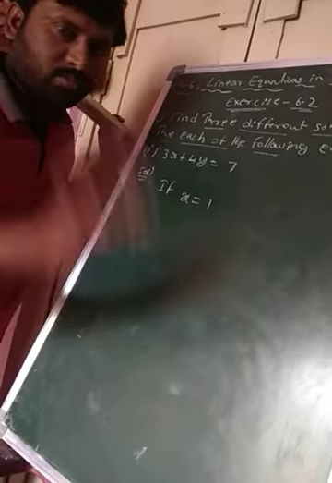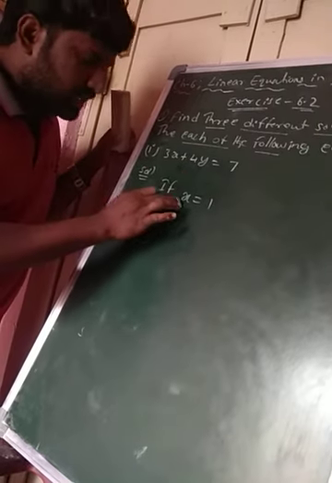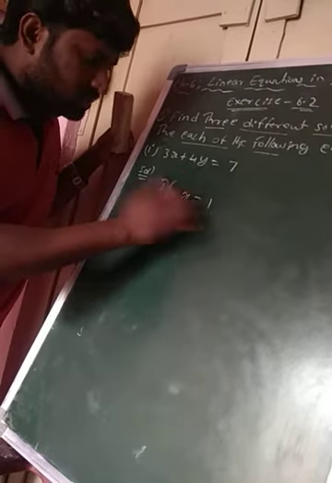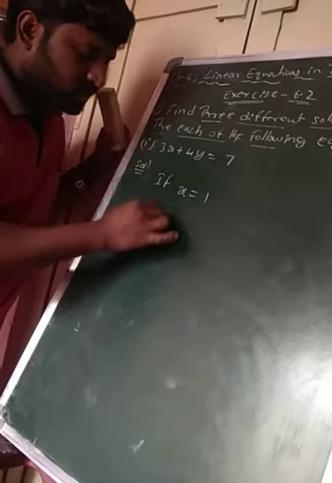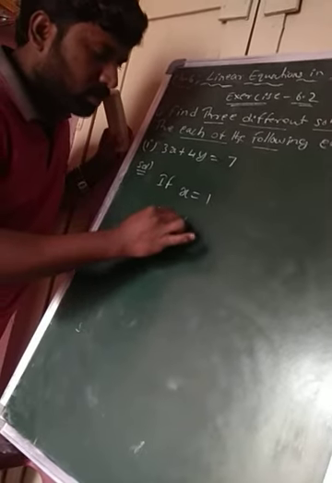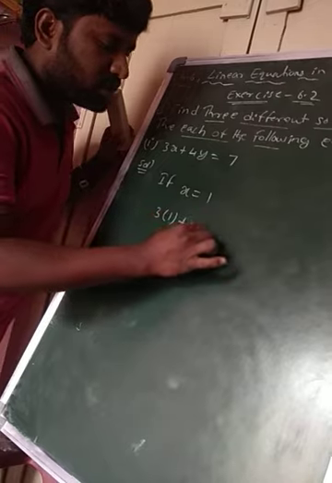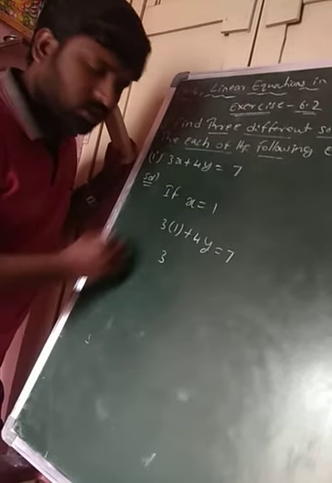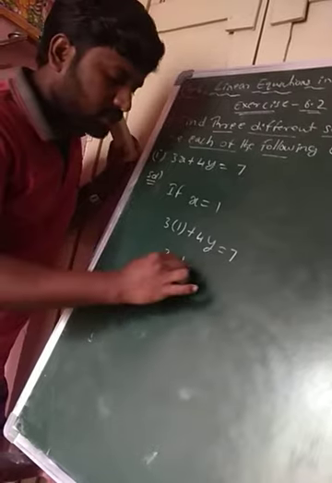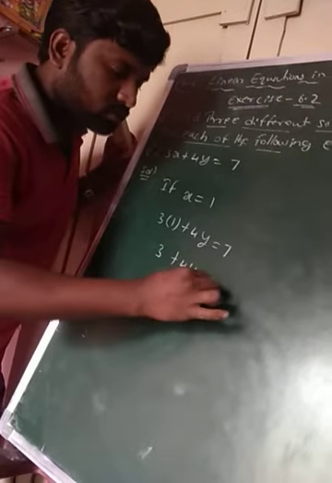That is your wish completely. So I am going to take x is equal to 1. Then 3 of, in the place of x I write 1, plus 4y is equal to 7. Then 3 ones are 3, plus 4y is equal to 7.